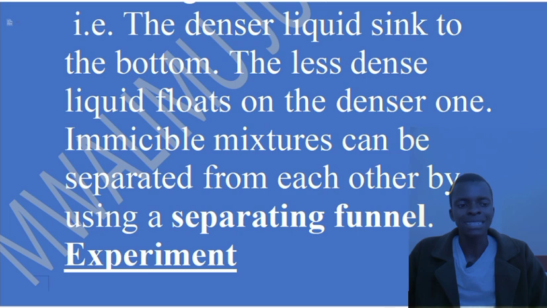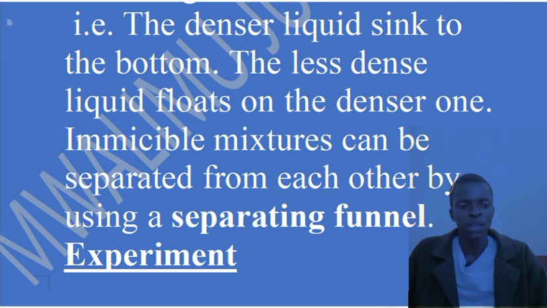Run out the intermediate small amount of the mixture near the tap into a beaker, then discard. Remember that the mixture we are discarding contains both the water and the paraffin. Then we run out the remaining upper layer into a clean beaker.